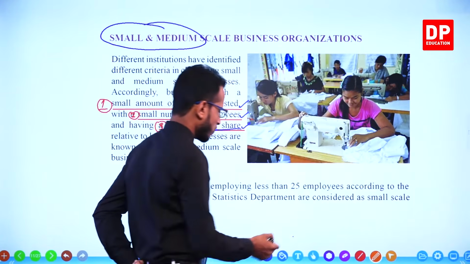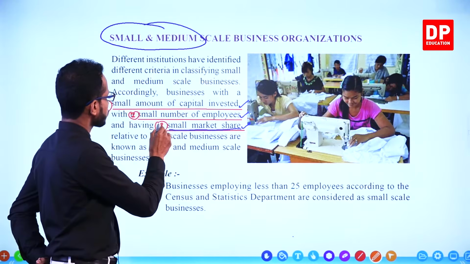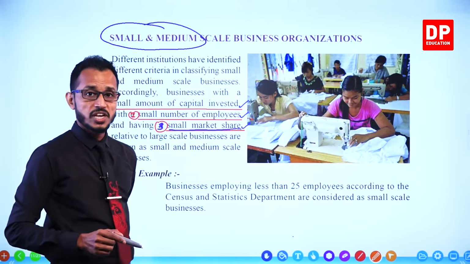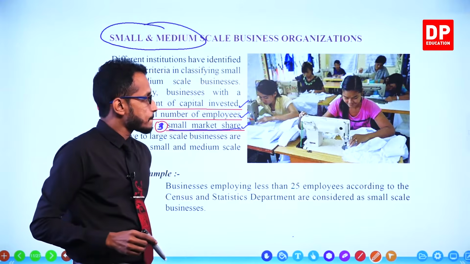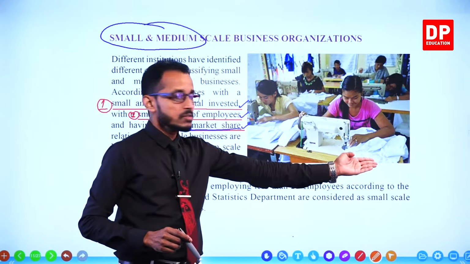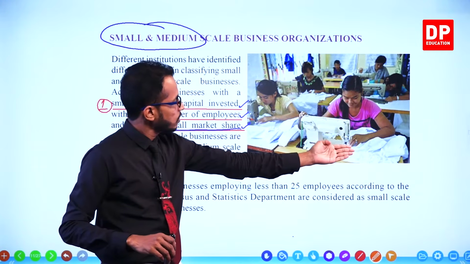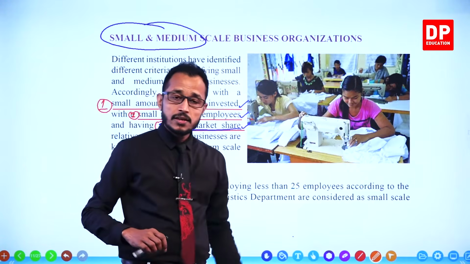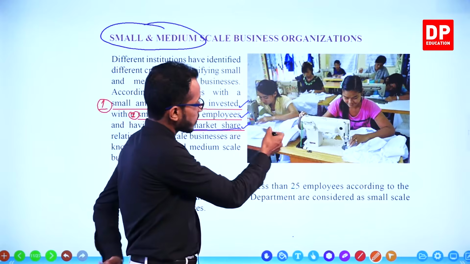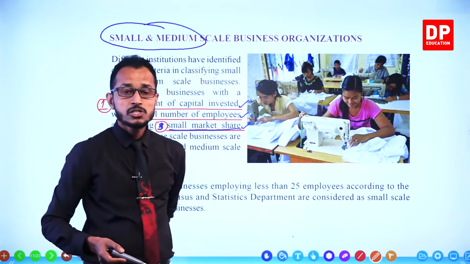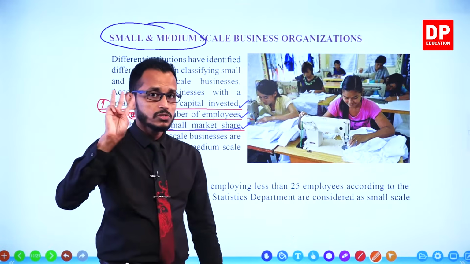I'm trying to give you an idea about market share. Your mother is running this small garment production, producing white color school uniforms for girls, and you have 3 girls' schools.